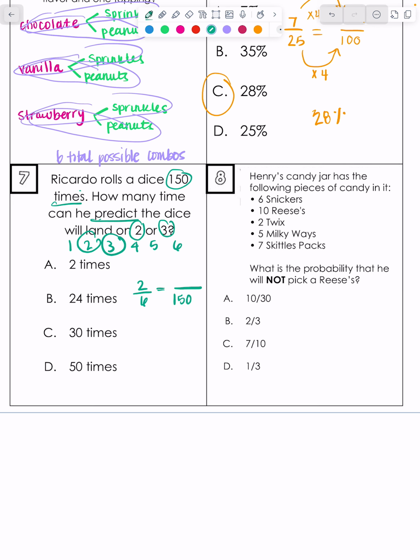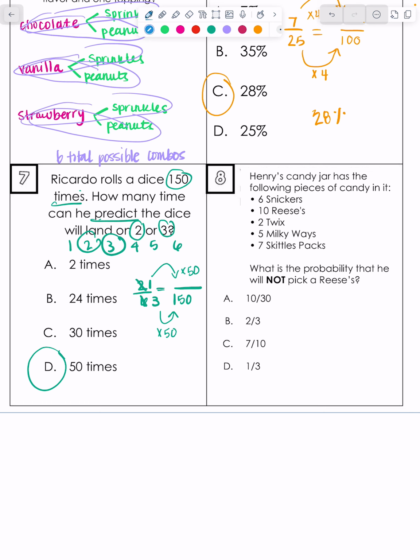So 150. Now we're going to have to simplify though. So this becomes a 1, this becomes a 3. So now I have to find a relationship, or you can do bat and ball, but I'm going to find a relationship times 50. So 1 times 50 is 50. All right, last one.